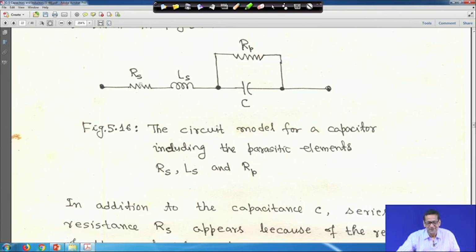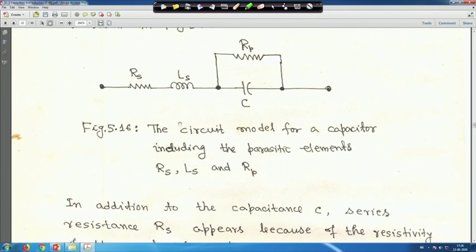So, if you take the resistance, that will be Rs, right, for the conducting plate of the capacitor, we are neglecting it, and as the current flows to the capacitor, there must be some magnetic field. Because of that, some parasitic inductance also will be there, although its value is very small. And no material is a pure insulator, right.